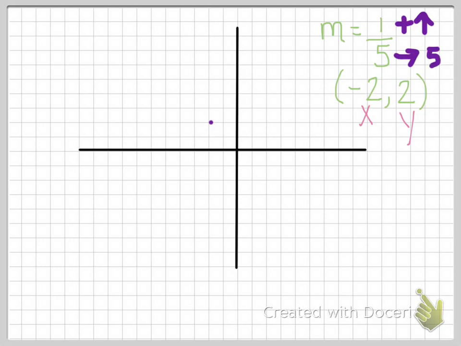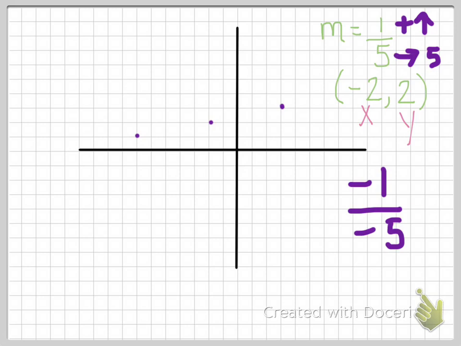So 1, and then 1, 2, 3, 4, 5 would put us right here. If we wanted to extend it the other way, we'd have to go down 1 and then left 5. Remember, those are the same thing. They cancel the negatives out and we get 1/5. So we go down 1, and then 1, 2, 3, 4, 5, and our point would be here.